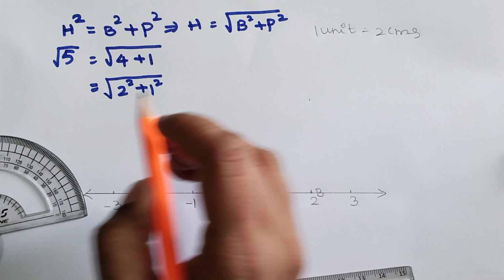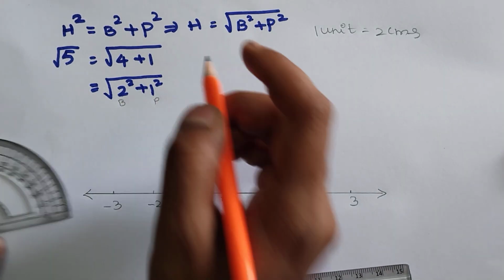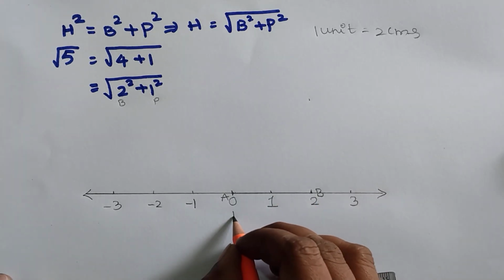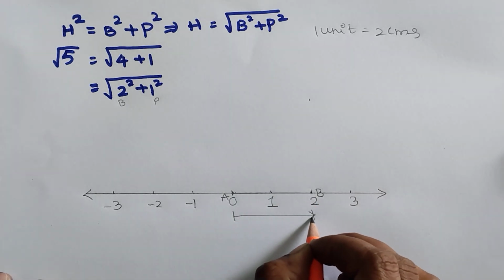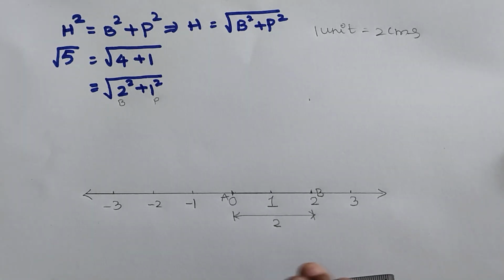Here we are taking this 2 as the base and this 1 as the perpendicular. That means A to B will be 2 units.